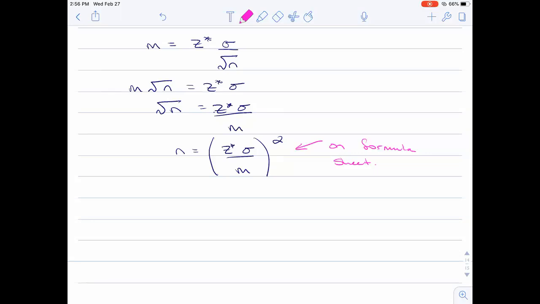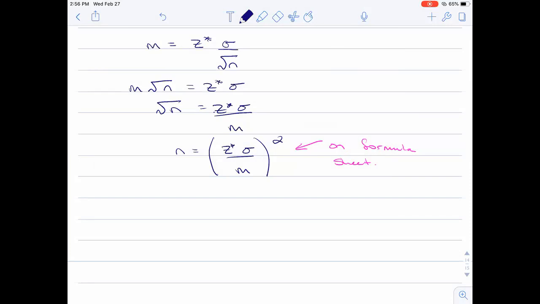So then, if you look at example 6, if we want to decrease our margin of error to plus or minus 2, remember in the example that we just did, our margin of error was 2.5. So even though it's not clear, I'm referring to the previous example.